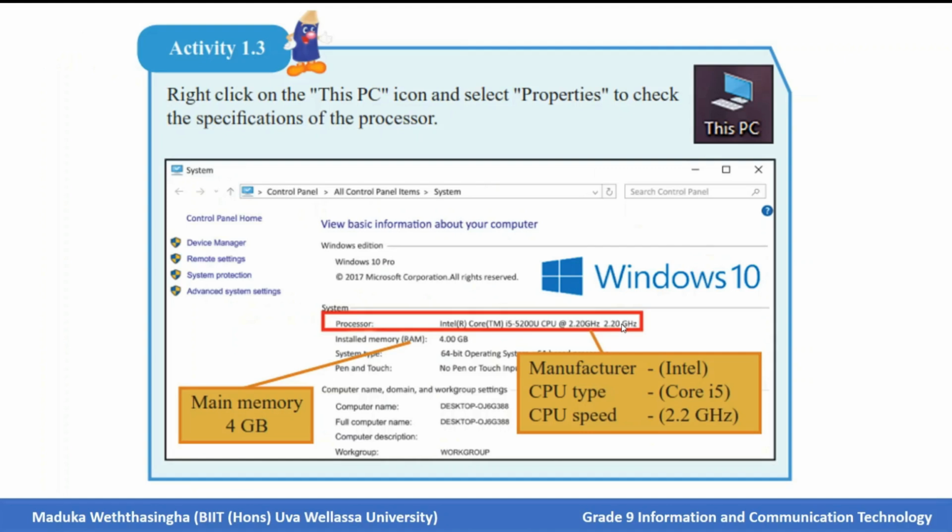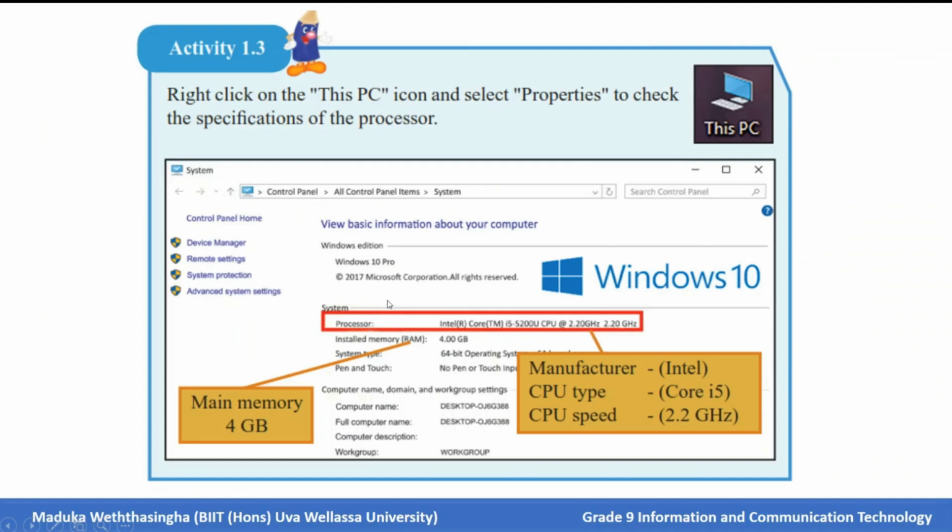Right click on the This PC icon and select properties to check the specifications of the processor. Right. Now we are going to find the processor specifications. To find the processor specifications, we have to go to the properties option, right? Okay. First, let's discuss using this example.